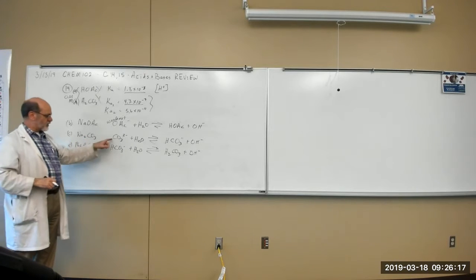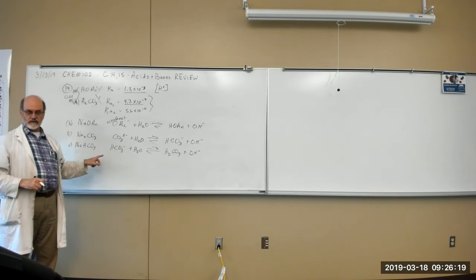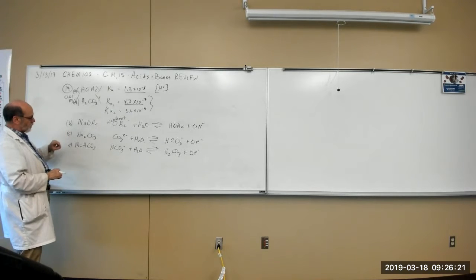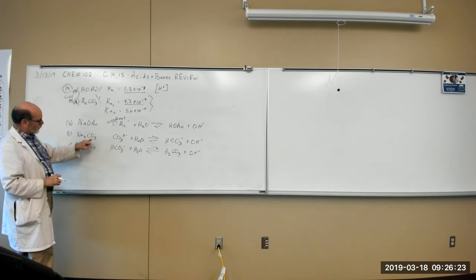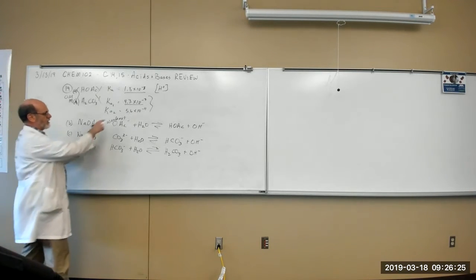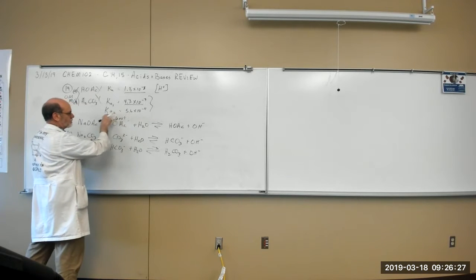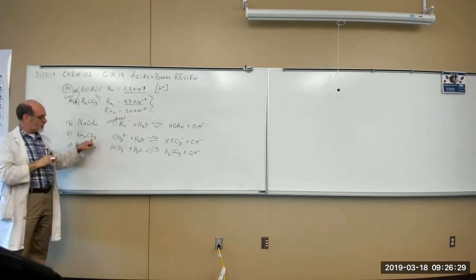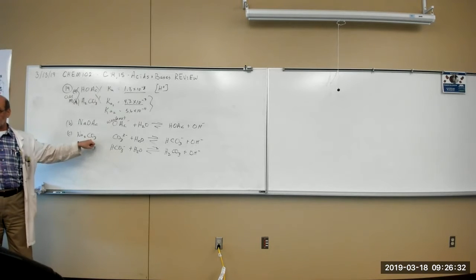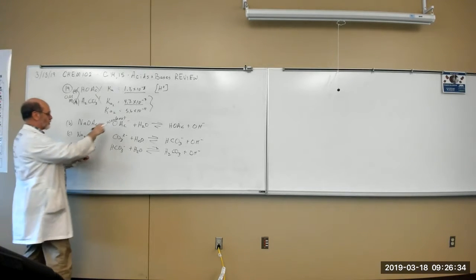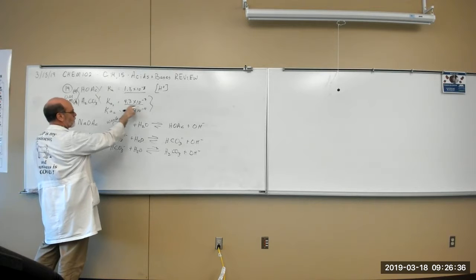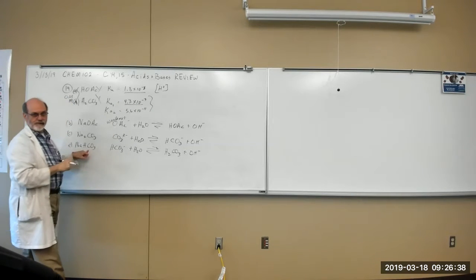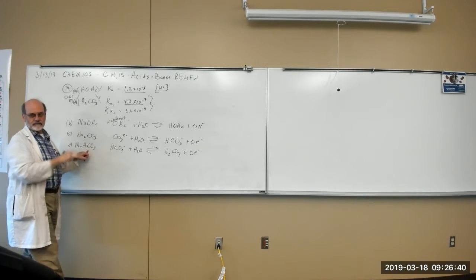So we need to concentrate on these two. Which one of these produces the strongest base? If we look at CO3 2 minus, that comes from the second dissociation. The first dissociation produces HCO3 minus.